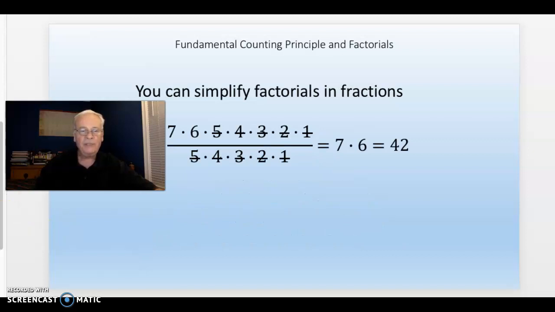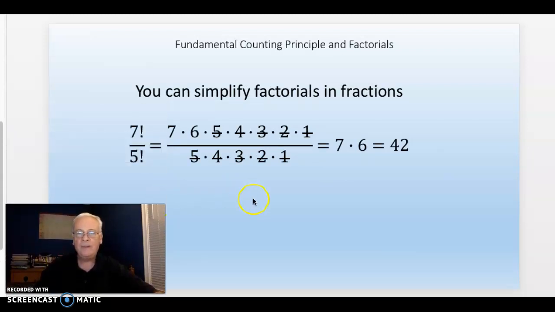Guys, very important, we can simplify factorials when they're in fractions. Very important to learn how to do this. If I have 7 factorial divided by 5 factorial, this is our example. Remember, 7 factorial is 7 times 6 times 5 times 4 times 3 times 2 times 1, and 5 factorial is 5, 4, 3, 2, 1.